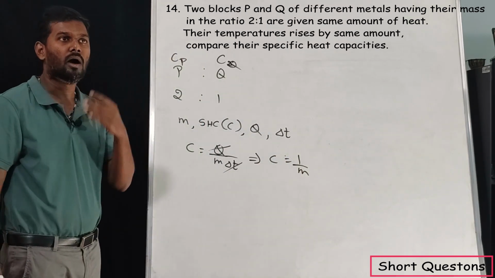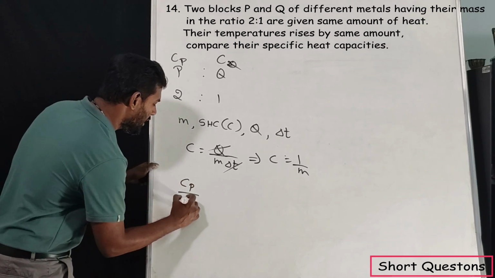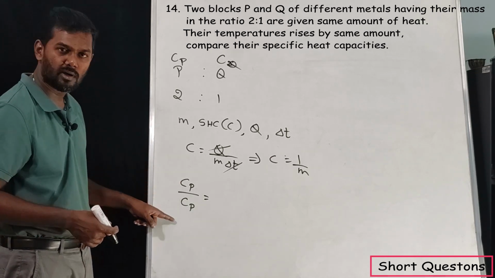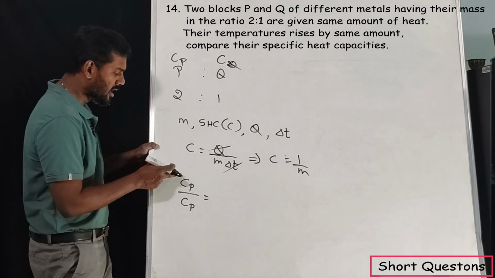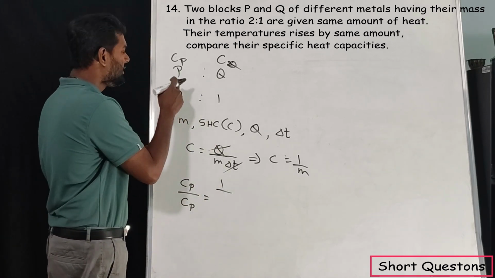Now we have to compare their specific heat capacity, Cp by Cq. Comparison means it should be in the form of a ratio. First we'll find the answer in terms of a fraction. So the specific heat capacity of P is 1 by its mass.